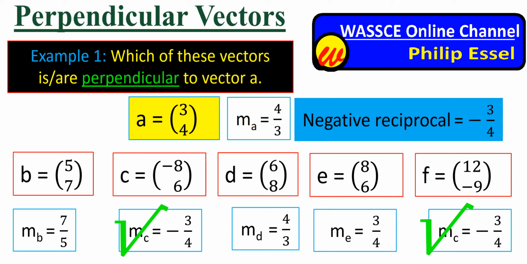What it means is that they are not perpendicular to the vector A. I hope you found this easy and interesting. Let's look at example 2.